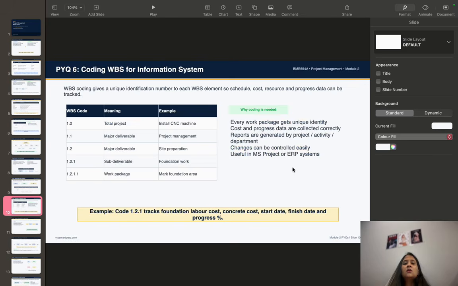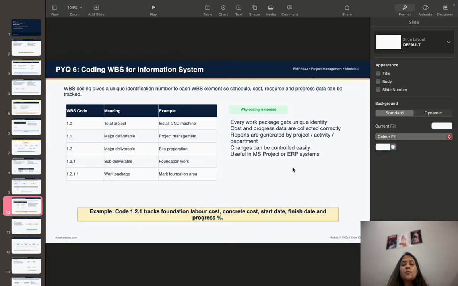Next we have coding WBS for the information system. They can ask you, explain coding of WBS for the information system. WBS coding means giving a unique identification number to each WBS element, which is going to help in tracking the schedule, costs, resources, and progress data.